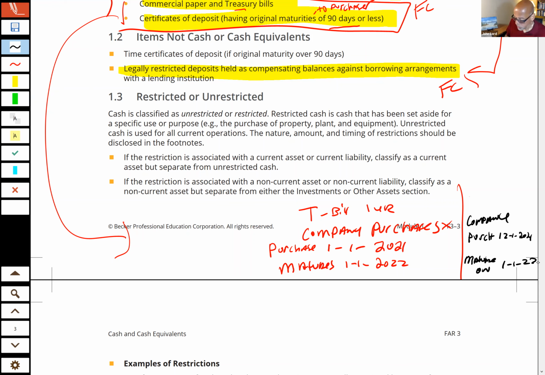Now, I'm going to ask you a series of questions about these. Number one, is it a current asset to company X and company Y?